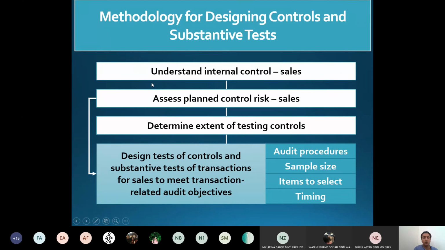And I put this arrow here just to show that sometimes when we assess control risk, we have the decision, as I mentioned in previous chapters. If we are not planning to extend the testing of control, we will go direct to design. And this happens normally with a company whose internal control, when we assess the internal control risk, we found that this result will not be changed if we do further tests.